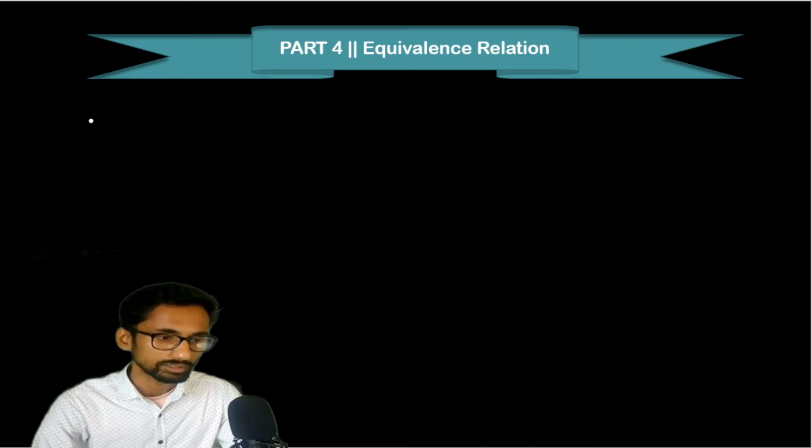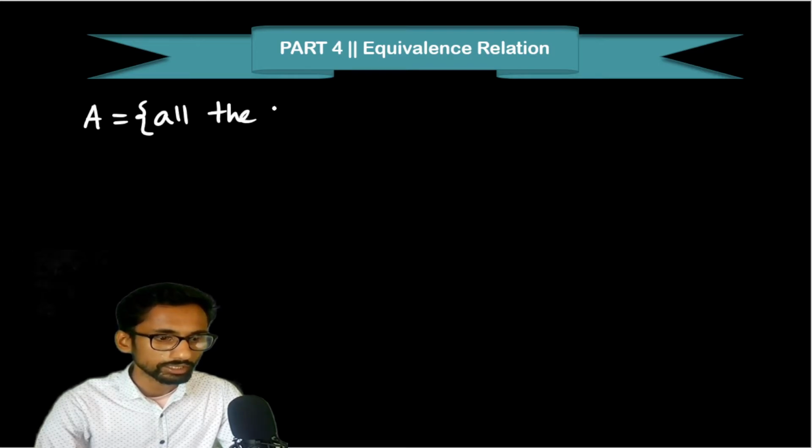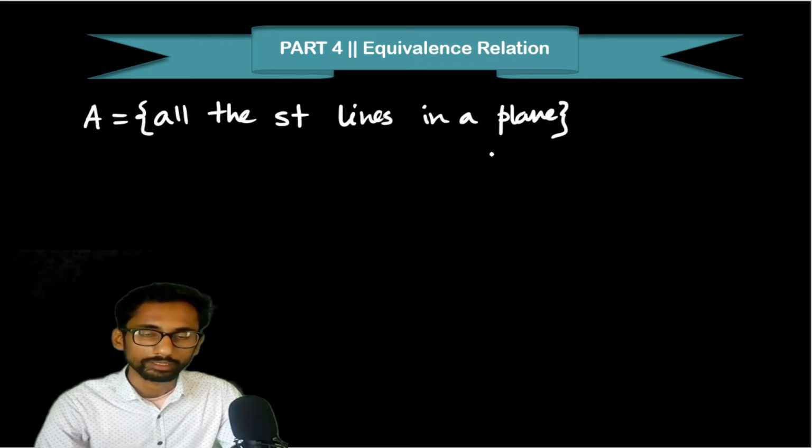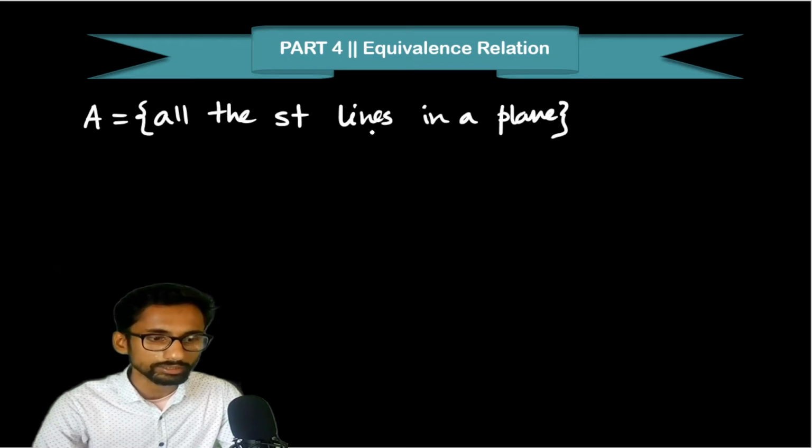For example, suppose a set A contains all the straight lines in a plane. In a particular plane there can be an infinite number of straight lines, so the number of elements for this particular set is infinite.